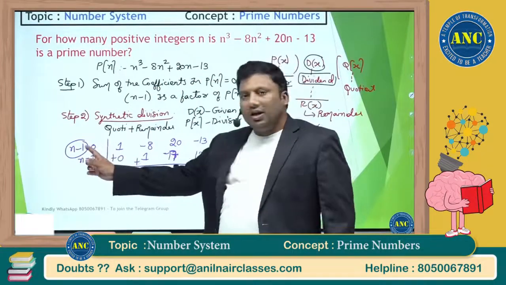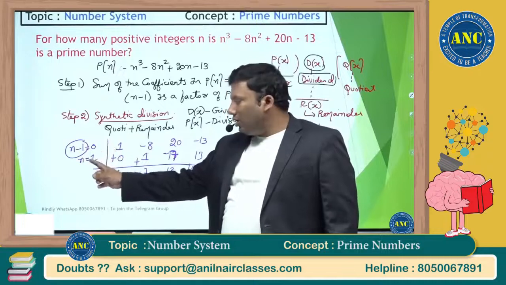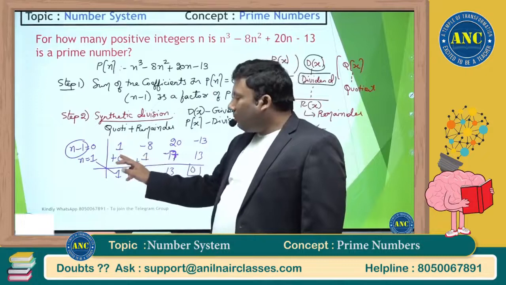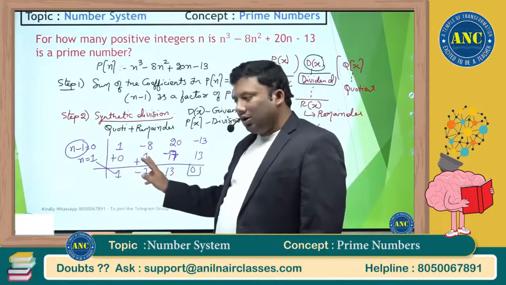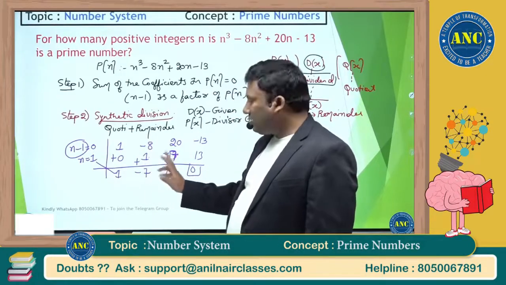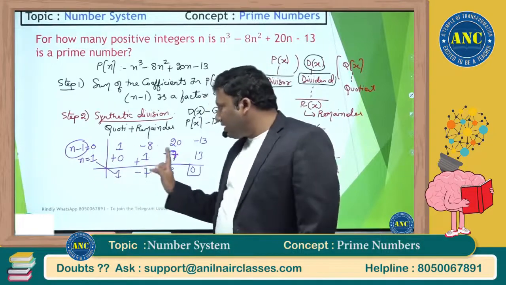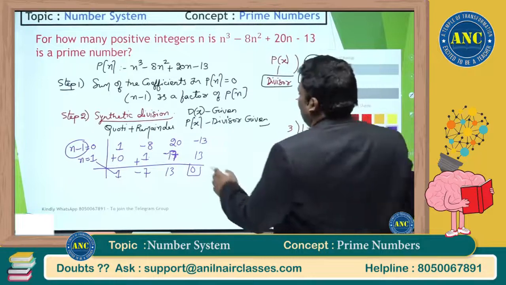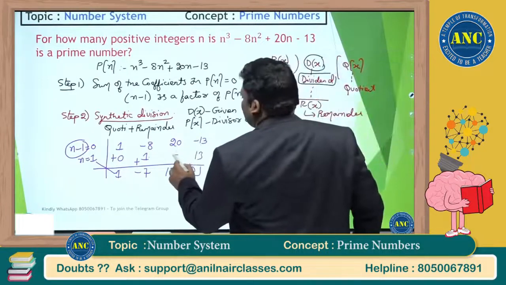Again I am explaining. N minus 1 equivalent to 0, n equivalent to 1. Start with 0. 1 plus 0 is 1. 1 ones are 1. Minus 8 plus 1 is minus 7. Minus 7 ones are minus 7. It is minus 7, sir.